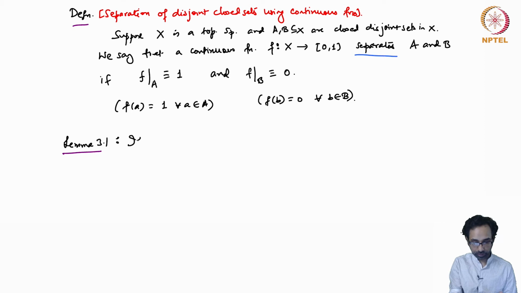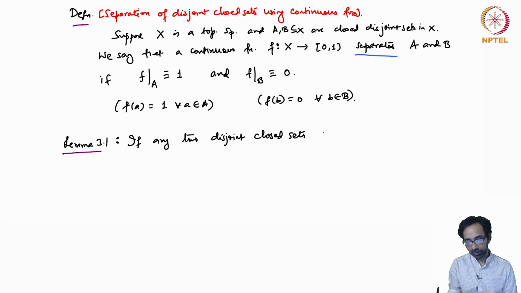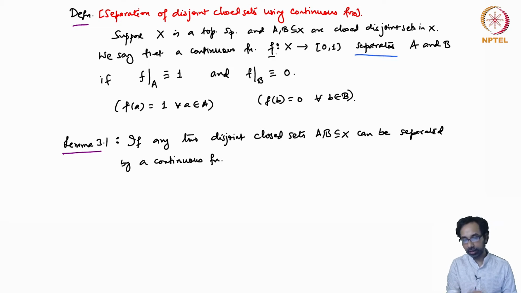If any two disjoint closed sets A and B in X can be separated by a continuous function, so there exists a continuous function f for which f of A equals 1 and f of B equals 0, then X is normal.